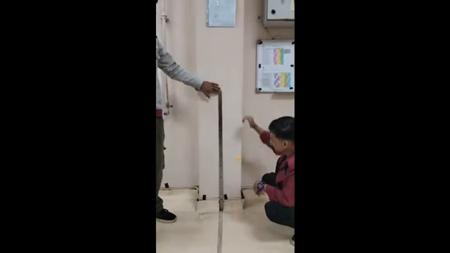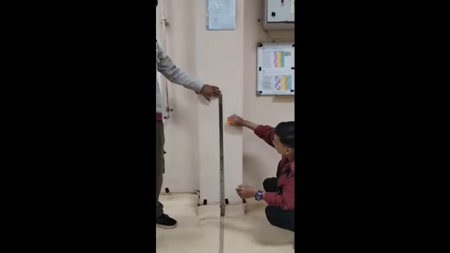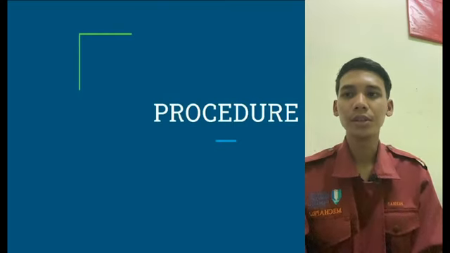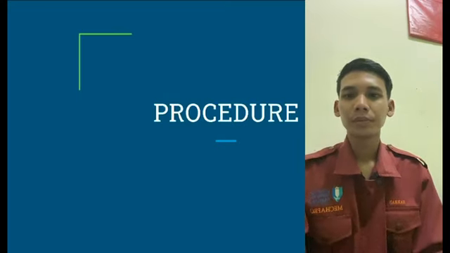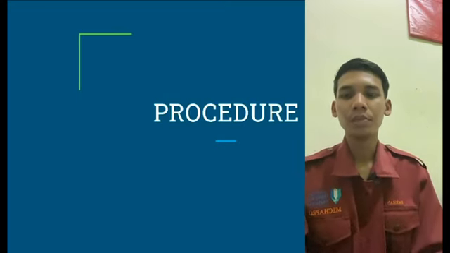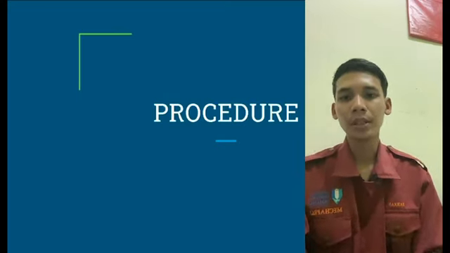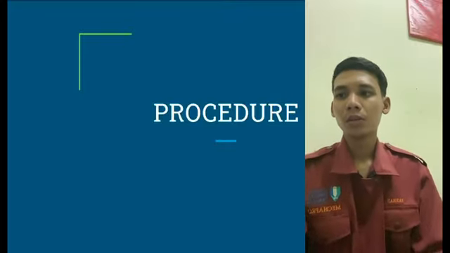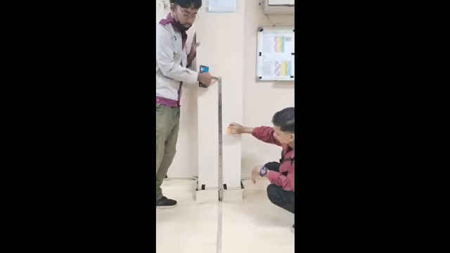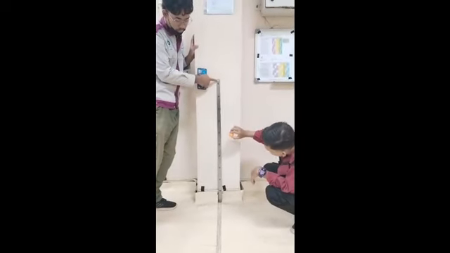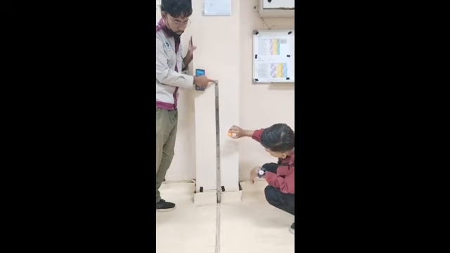1, 2, 3. Take the reading of the time when the ping pong ball touches the floor. Next, repeat the experiment 3 times for each point until 60 mm. 1, 2, 3.